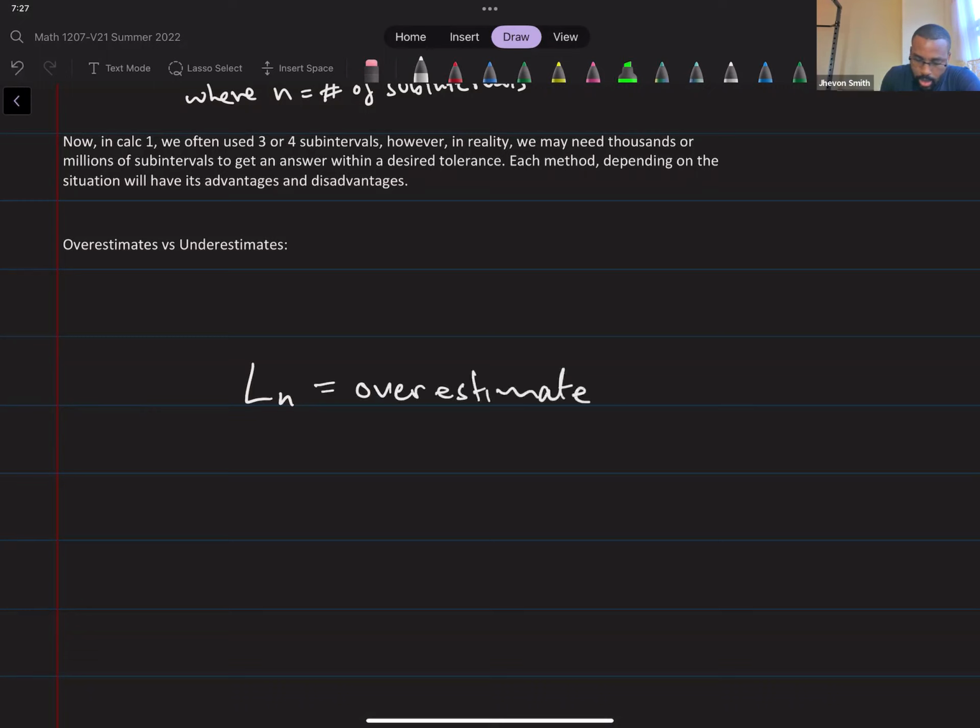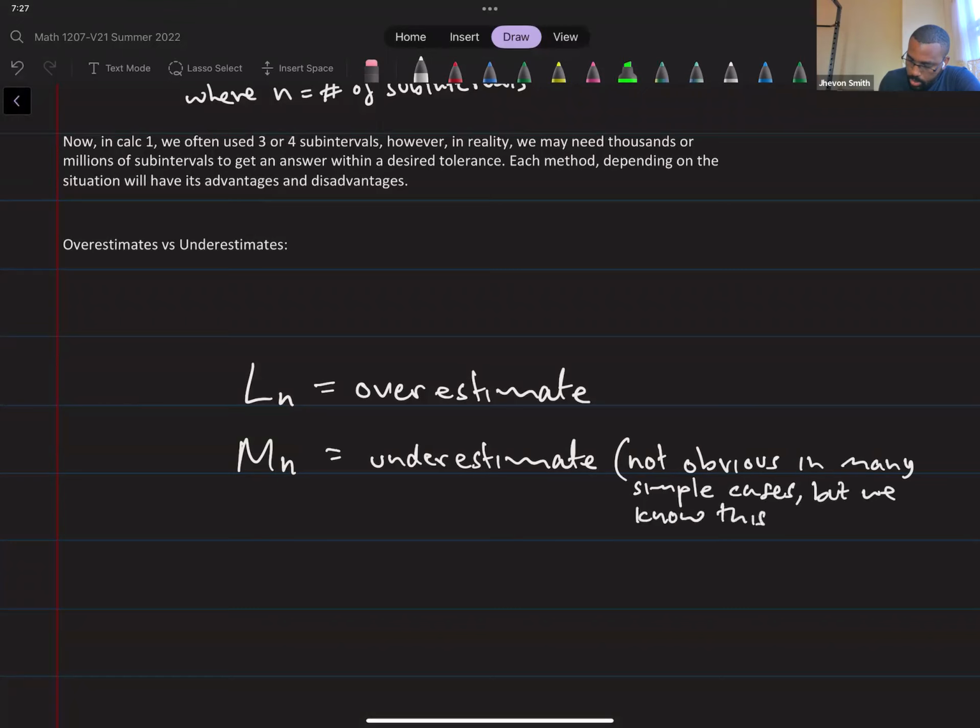And the Mn, this here was an underestimate, I think, because there's a concavity rule, but it's not obvious in many cases. And our right-hand rule was an underestimate.